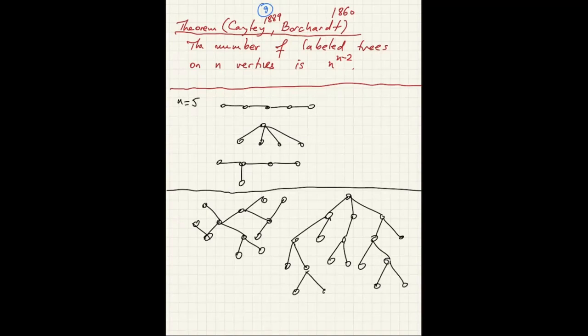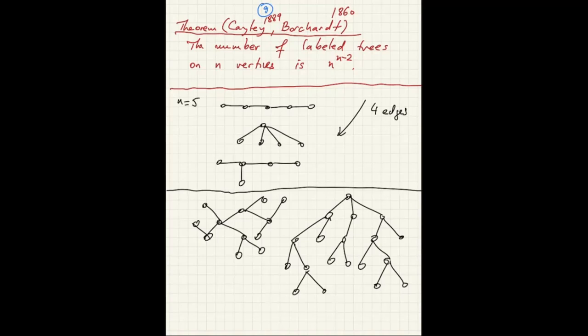Okay. Now, what do we notice about all these pictures? Well, if you count the number of vertices, here you have n equals 5. And how many edges do you see? Each of them has 4 edges.